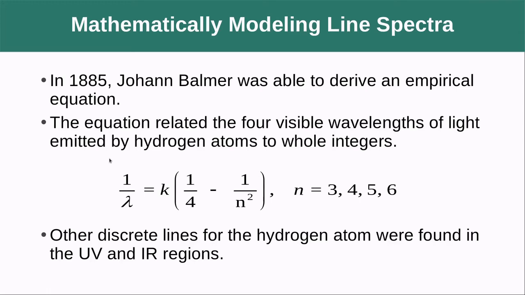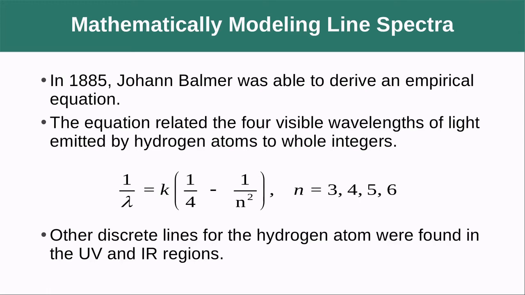In 1885, Johann Balmer was able to derive an empirical equation. Empirical meaning he looked at data and found an equation that fit that data. He didn't really have any good theory behind why it was true. The equation related the 4 visible wavelengths of light emitted by hydrogen to whole integers.